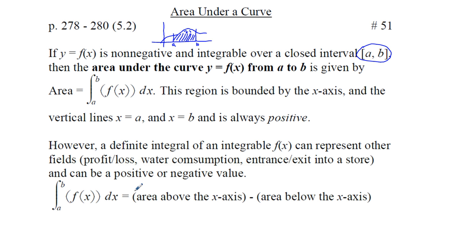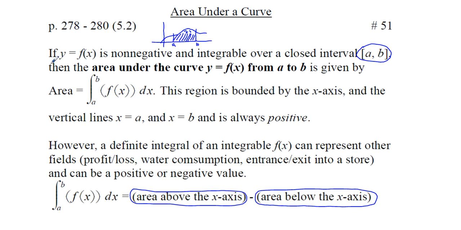Here we have a broader definition: the integral from a to b of f of x dx is the area above the x-axis minus the area below the x-axis. We're going to get to that in a couple example problems.